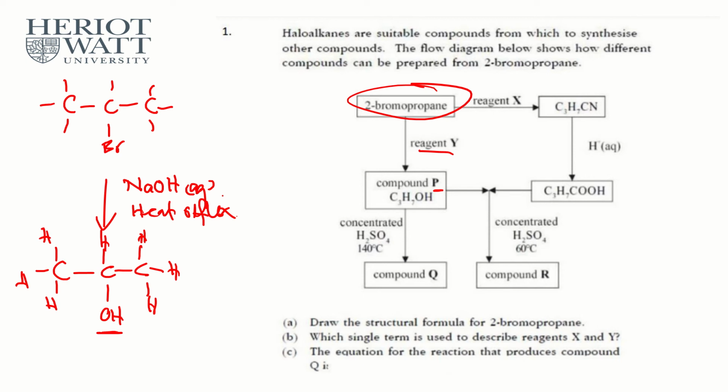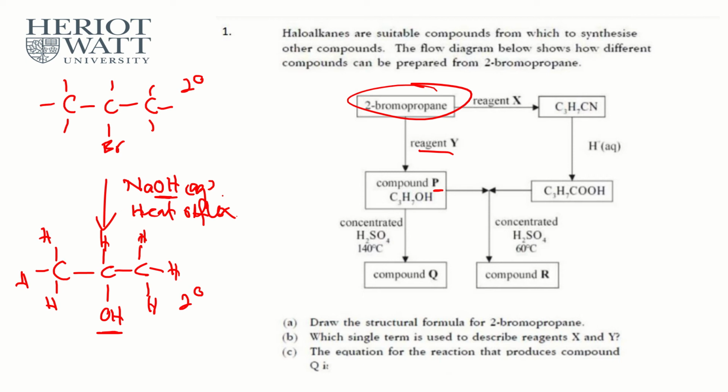So therefore, we have to heat under reflux. So NaOH will be the reagent with OH as a nucleophile. In this case, it is a secondary bromoalkane and it turns into a secondary alcohol through SN1 or SN2 because this is a secondary structure. It can be both.